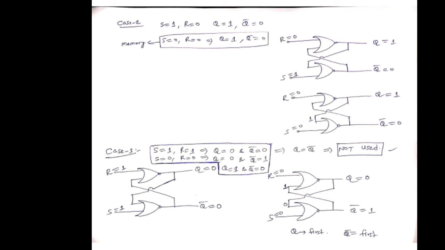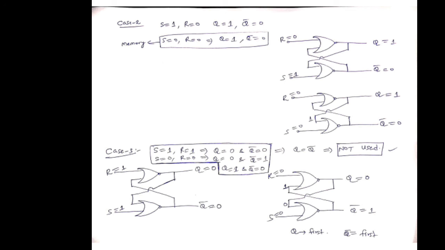When Q is taken as 0, that means 0 0, we get 1. And when Q bar is taken as 1, that 1 is coming here for R is equal to 0, and the second input of this first NOR gate is 1. For 0 1 we are getting 0. That means Q is 0, Q bar is 1.